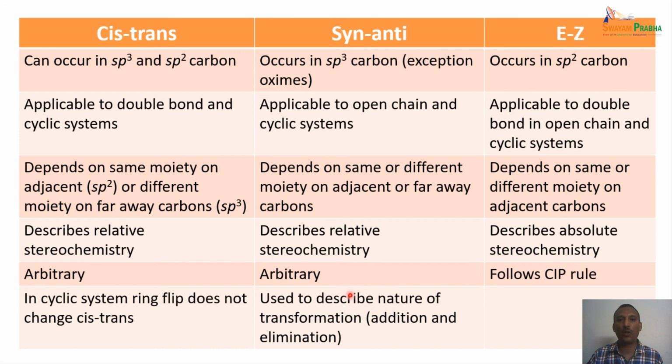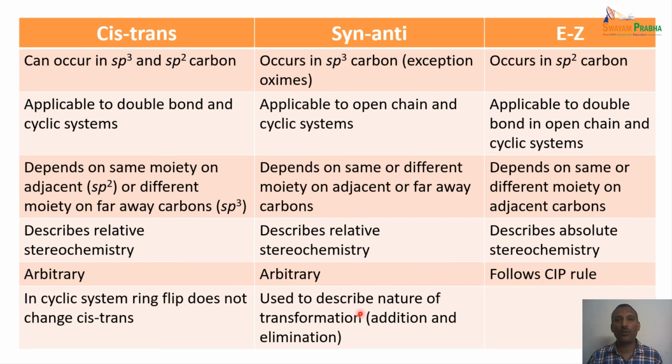So the Syn-Anti can also be used to mention how the reaction actually proceeds, whether it is a syn addition or an anti addition. Say for example, a metal catalyzed hydrogenation generally goes via syn addition, and the bromination reaction, most of the times, happens via the anti addition. So these are some of the standard ways by which we depict the stereochemical outcome of a particular transformation.